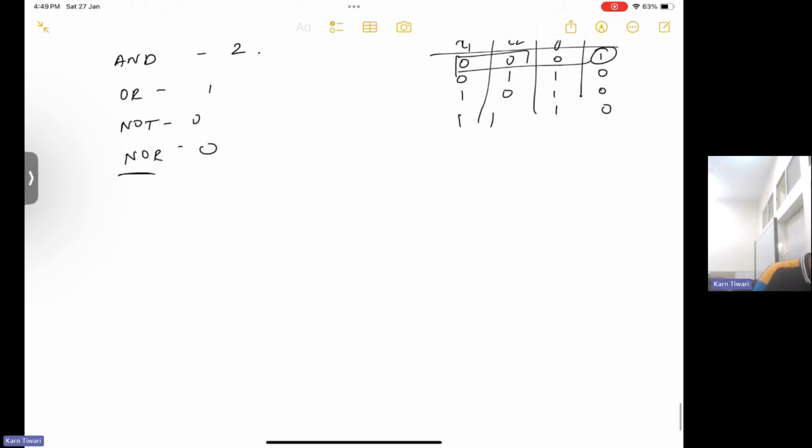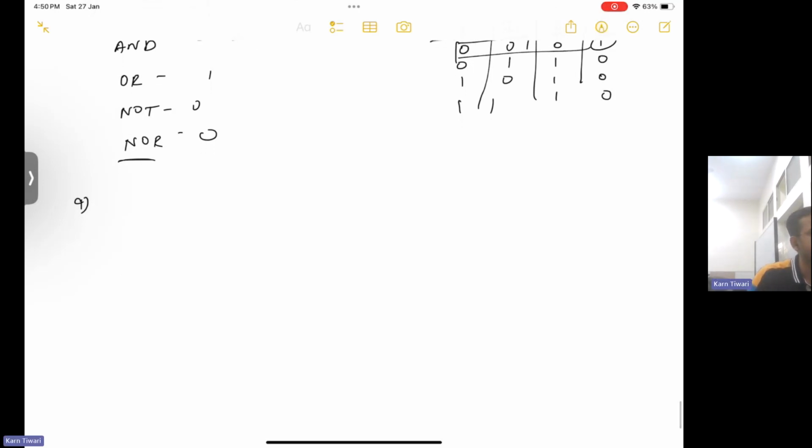Let's come back to question 9. We have been given the weights: 2, minus 3, 1. And x is equal to 1, 0, minus 1.